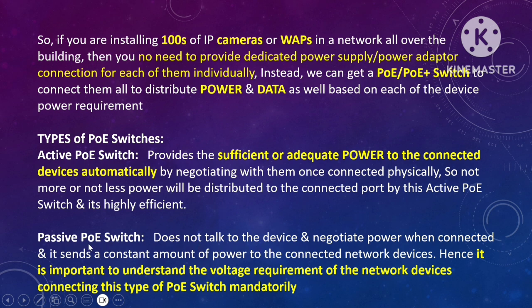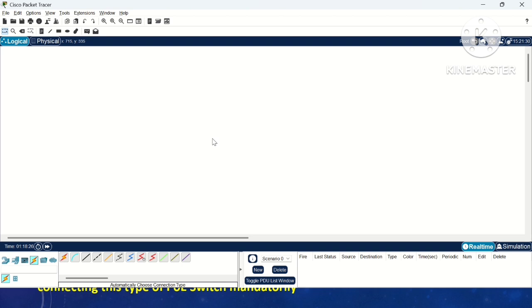In an active PoE switch, they negotiate with the connected device and provide the necessary power to it. But a passive PoE switch is a dumb device which does not do negotiation, and it just gives a constant amount of power to the connected network devices. Hence it is important to know the voltage requirement of network devices like IP cameras and WAPs before you connect them to the PoE switch.